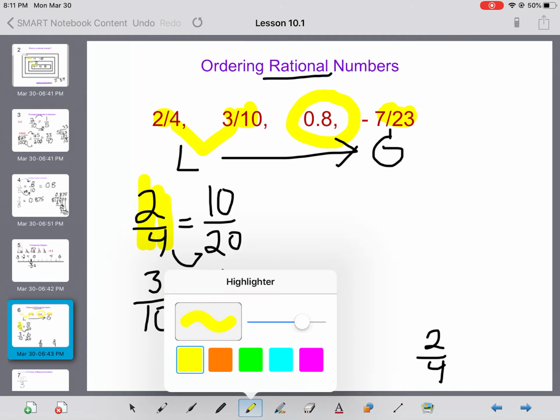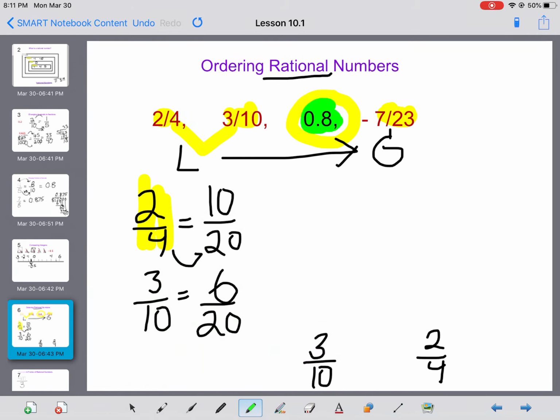Now let's go back, let's see if I can switch the color, to thinking about my decimal here, 0.8. Well, we just talked about how you can put decimals into fractions. Well, 0.8 is 8 tenths. Okay, that's handy. It's already in tenths. So I should be able to compare between 3/10 and what I know as 10/20.